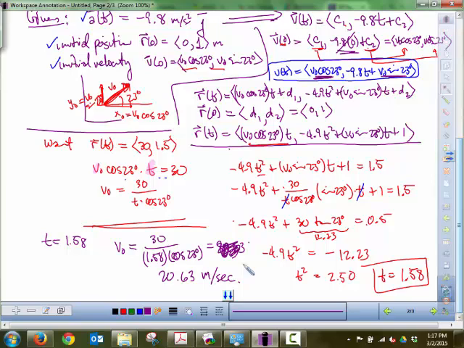So that's the speed. And if you can control the speed of your bow and arrow, and you can control your angle of your bow and arrow, you should be able to hit that apple.